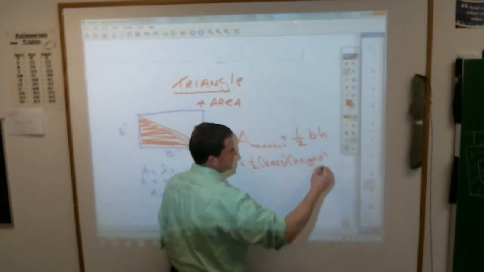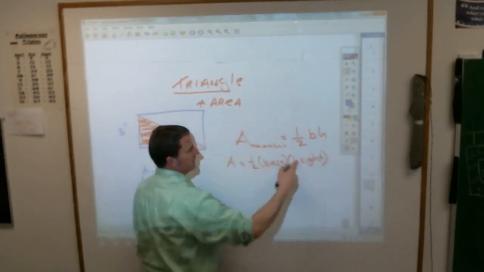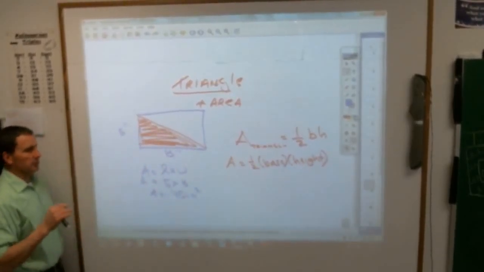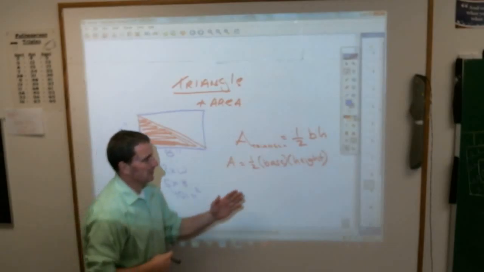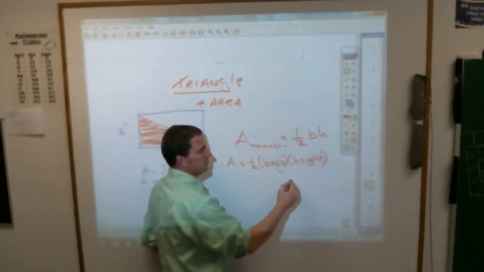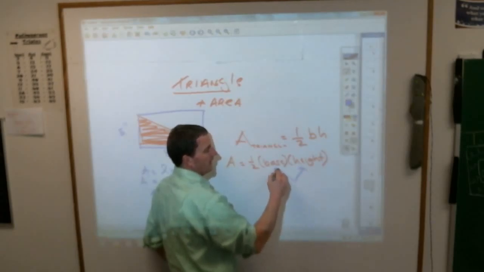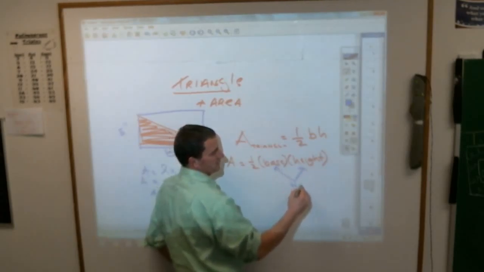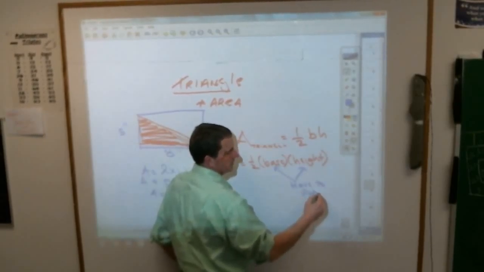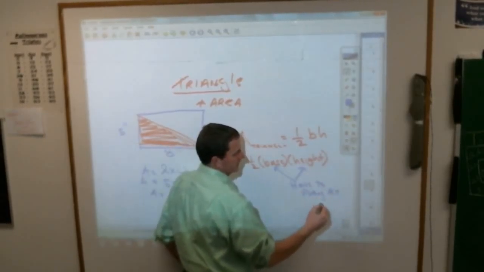And there is a special reason we use base and height and not length and width. In math, when you use the letters B and H, the base and the height, these two things have to form right angles with each other.